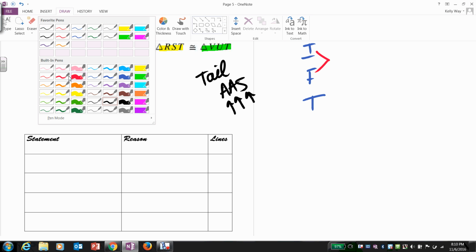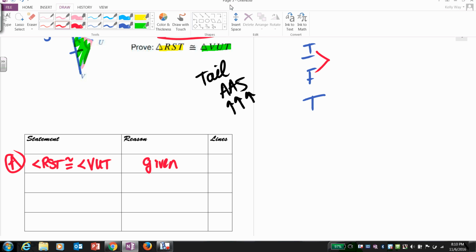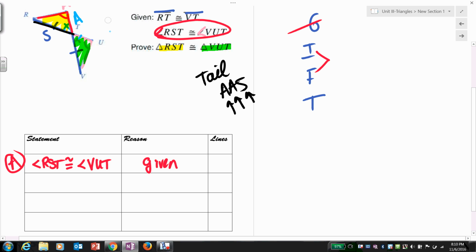Okay, so we're going to go for our angles first. One set of angles. I'm going to get my given ones. That's the easiest. So we write angle RST is congruent to angle VUT. And why do we know that? It is given. And we're going to go for the vertical angles in the middle.